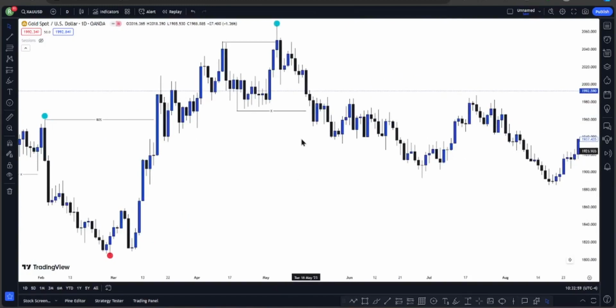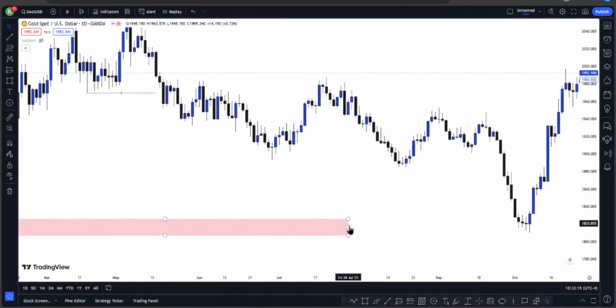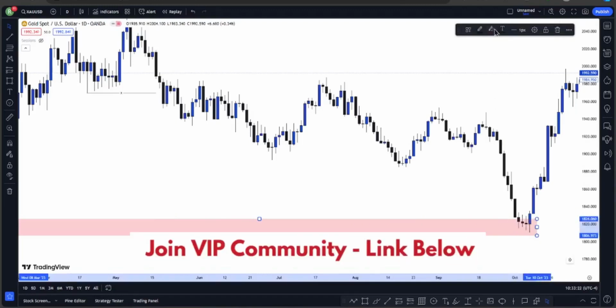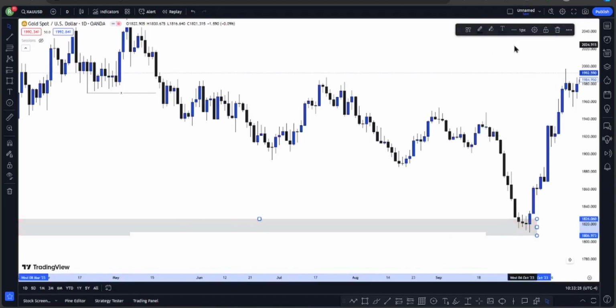All right, but as you can see, after this inducement, price came down to tap on this daily POI here. I explained in the last two episodes or so why this is a valid POI. All right, so that is our demand zone, our valid POI.